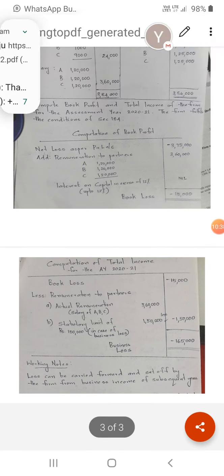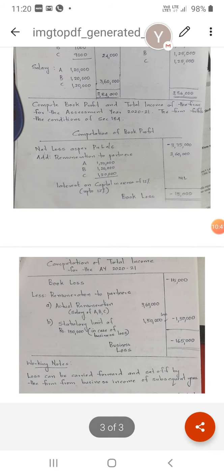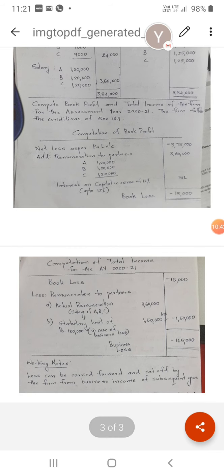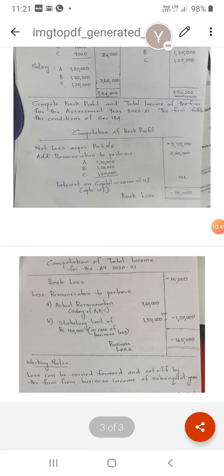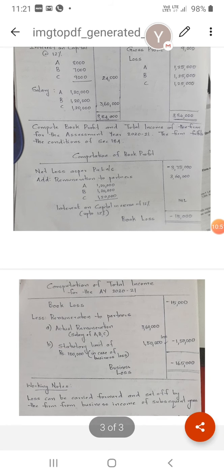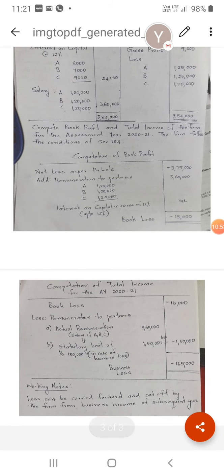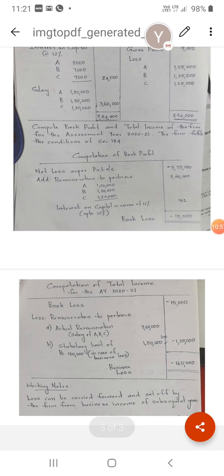But for the computation of book profit, the remuneration consists of all partners' remuneration. While computing the total income, the remuneration consists of remuneration paid to working partners alone and not sleeping partners. So what are the conditions?